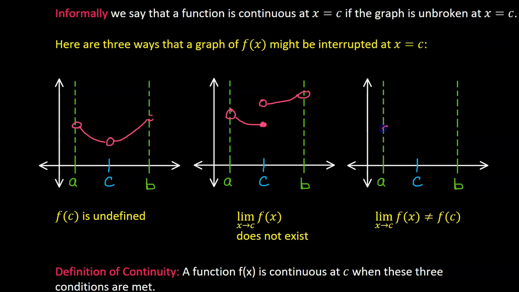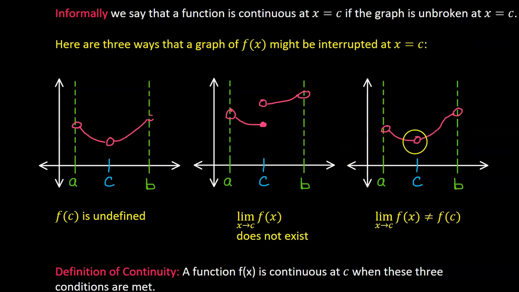So as we approach c from the left, we're going to be approaching this value, this y value. And then as we approach c from the right, we are still going to be approaching that same value. So far, the limit does exist.